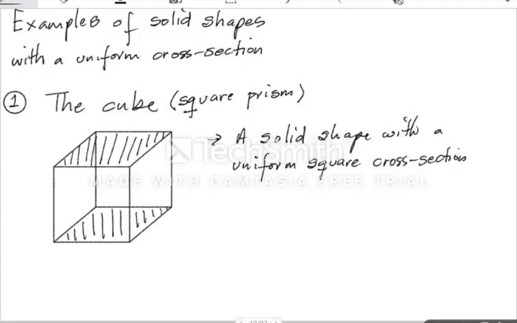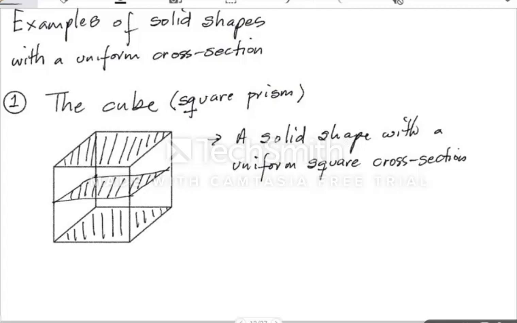Uniform. Now if I take a knife and slice the cube in the middle, I probably get another what? Square.